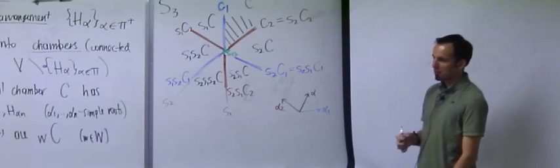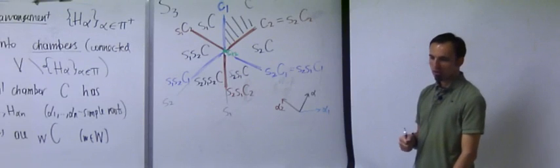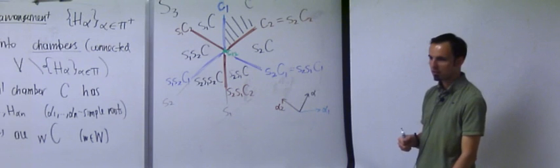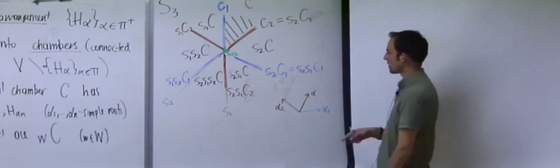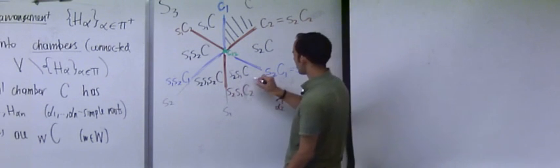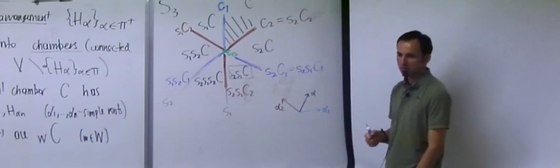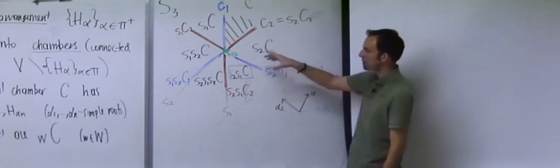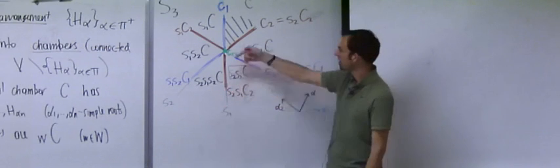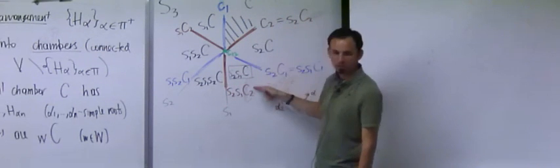Now, what about reduced words? How can I understand the reduced words in this picture? For example, how can I understand that a reduced word for this group element is S2, S1? Well, there's a very nice way to do it, which is to carry out this walk and keep track of the colors that you're crossing.